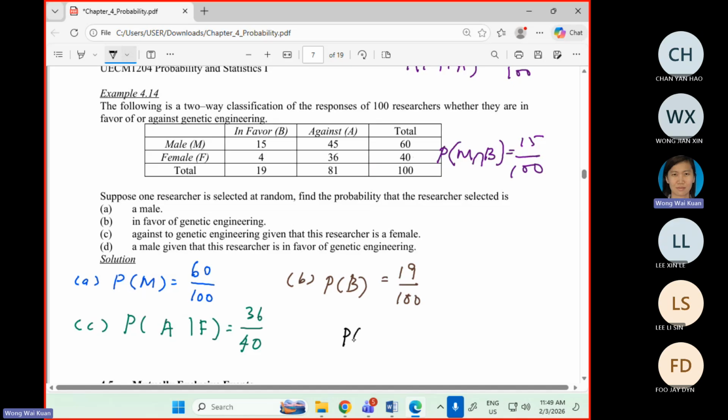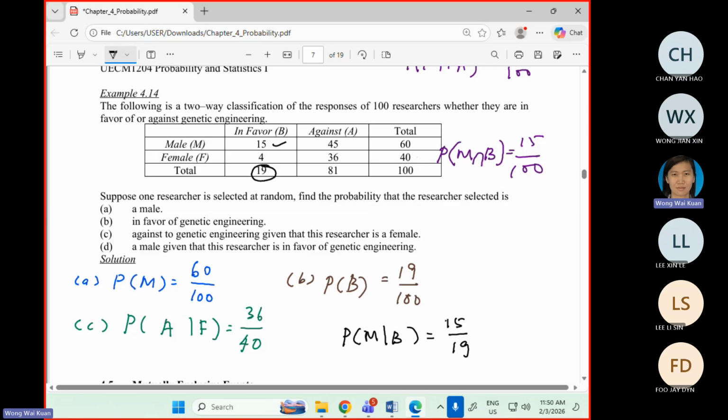So may I know its probability of what? M given B. So M given B, what's the probability? 15 over 19, because B altogether we have 19.